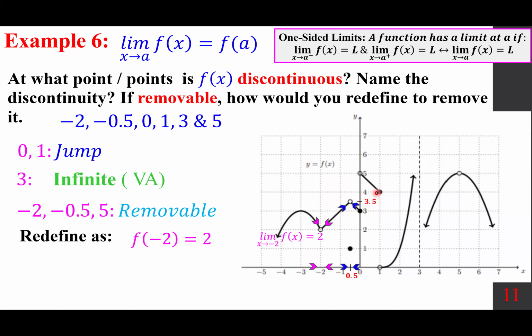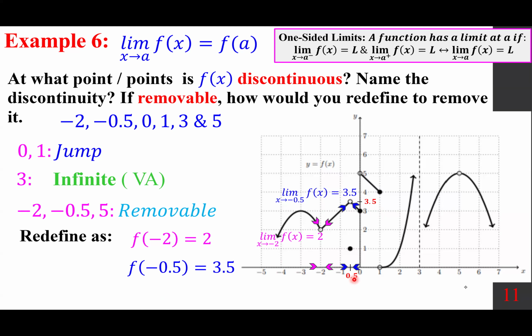That makes the limit of the function f of x as x approaches -0.5 equal to 3.5. So if we define f of -0.5 as 3.5, it removes the discontinuity as well for the point -0.5.